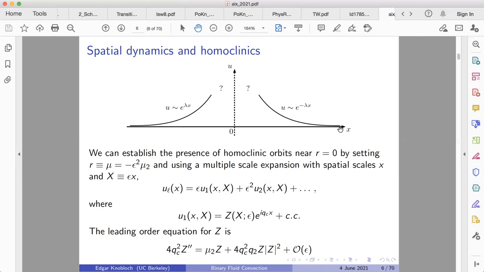To get solutions of the type I described, which have these multiple oscillations, I believe that's a higher codimension problem. So by varying a single parameter, you would not expect to see those.